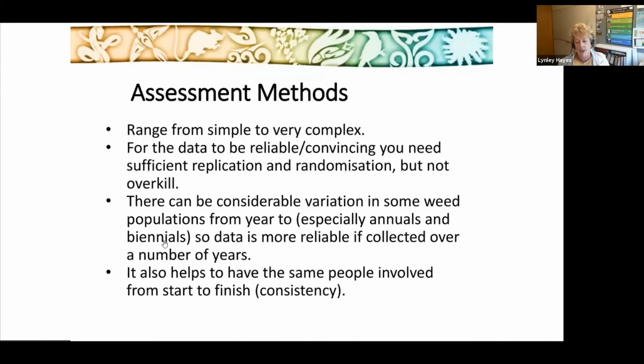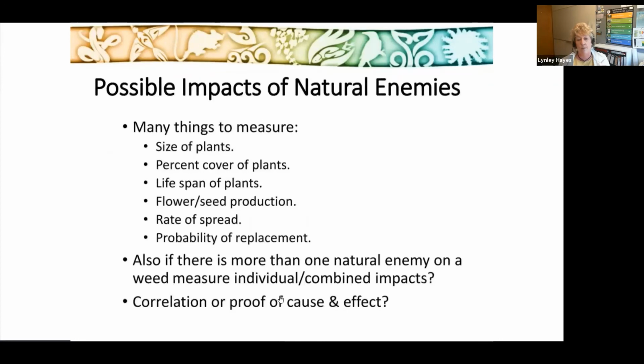Sometimes the populations can vary quite a lot anyway. And so the longer the data set is over a number of years, again, the more convincing and reliable. And again, it helps if we can have the same people involved, because we get consistency. But that's not always possible.